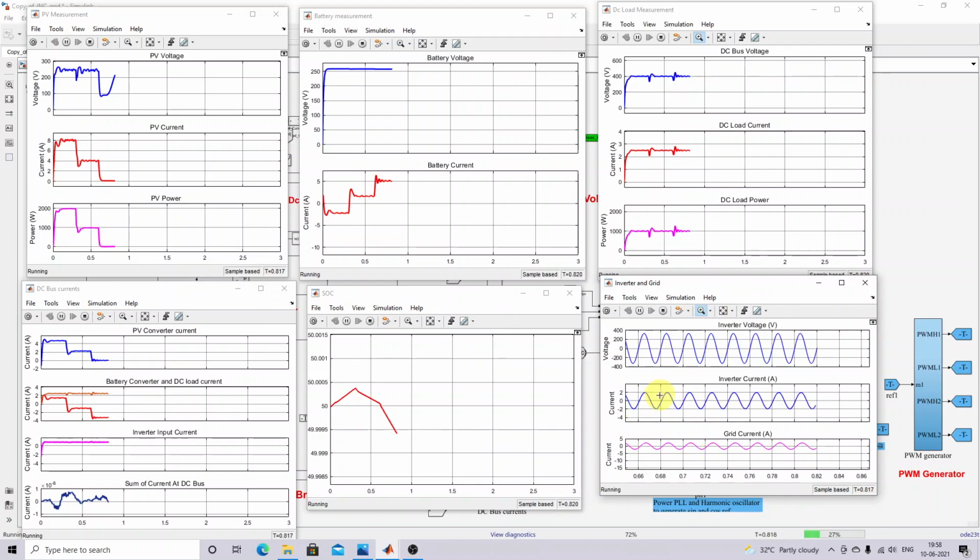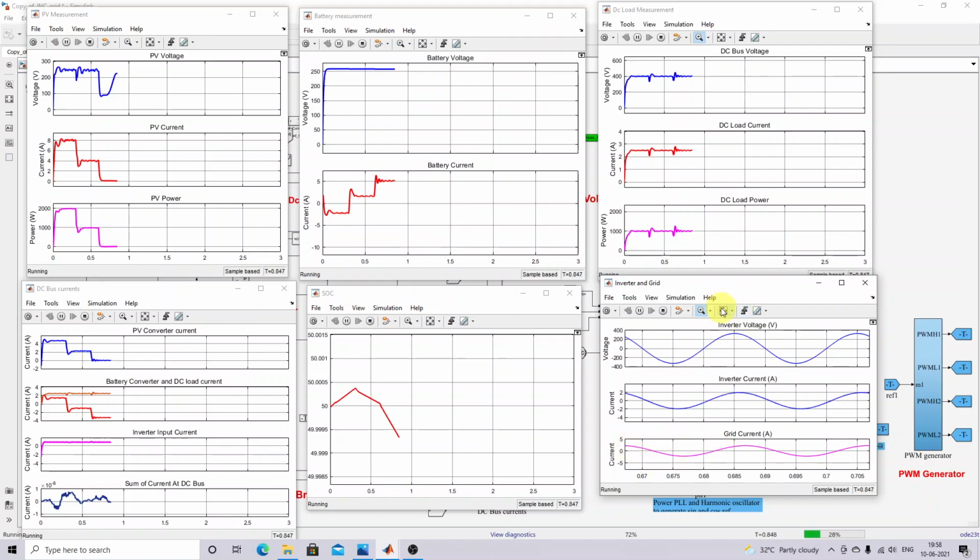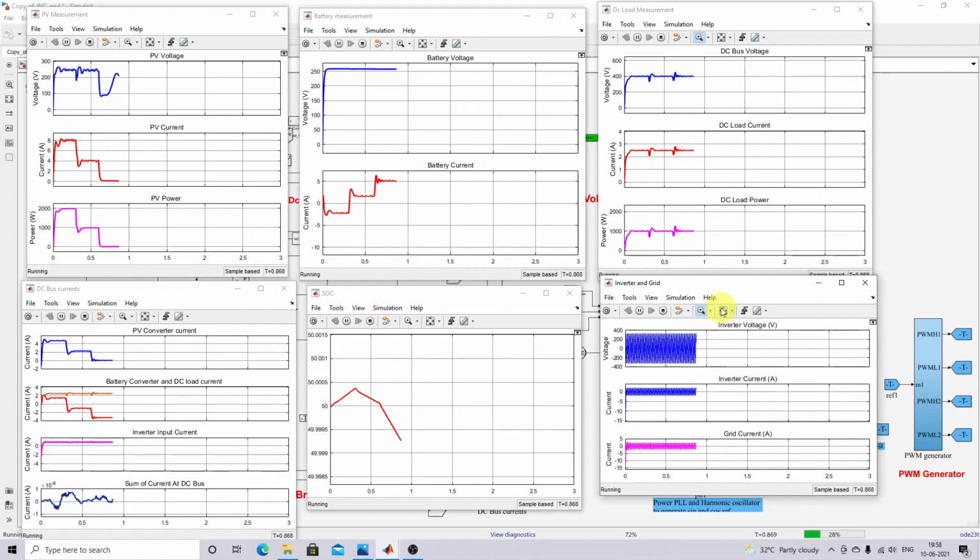So now you can see that 2 amps peak current is supplied to the grid. Here also you can see that 2 amps current is flowing into the grid. So now the DC microgrid supplies the DC load as well as the grid.